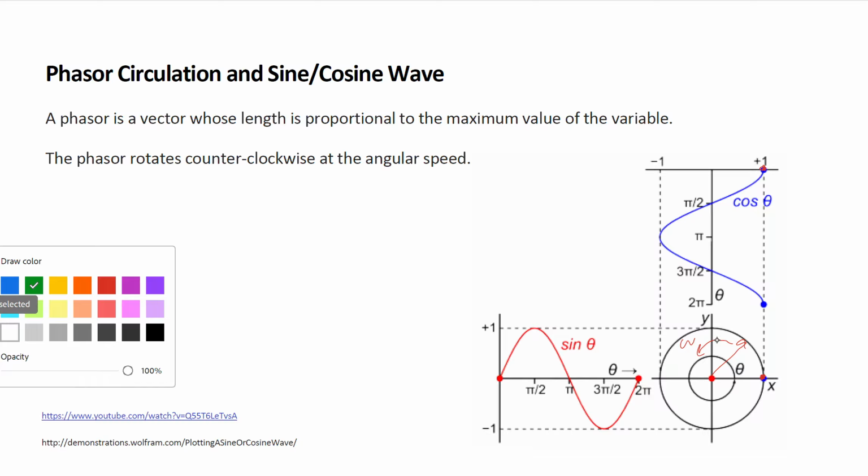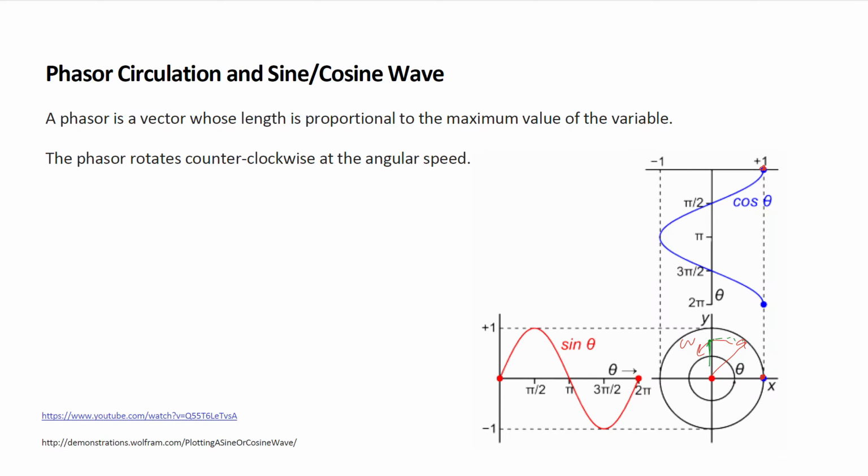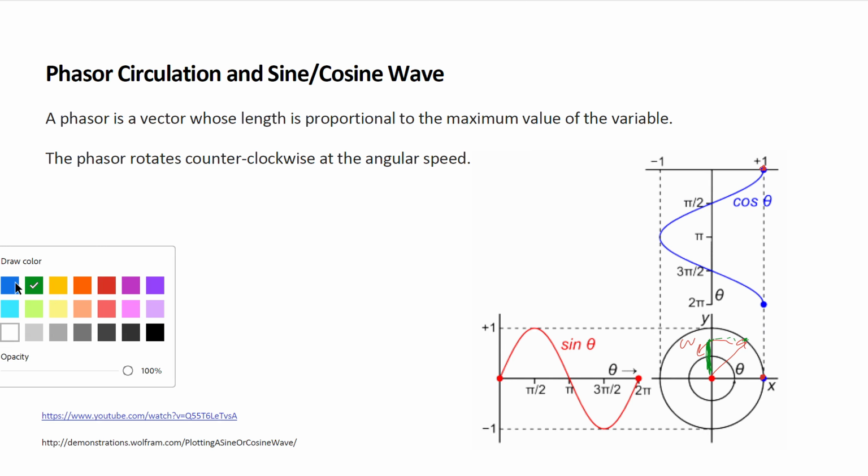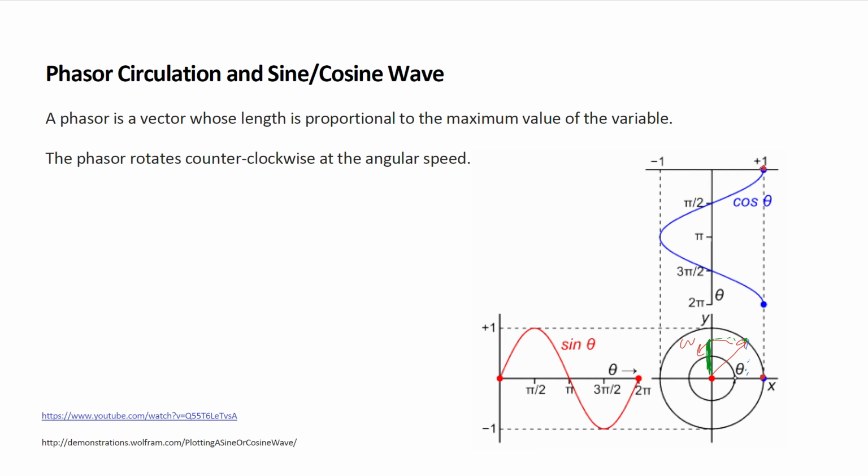So for example, in this vector, this is the value of our sine when our vector reaches this point, and this is the value of our cosine at that specific time. This vector is rotating, and at time t1, for example, the angle here is going to be omega times t1.